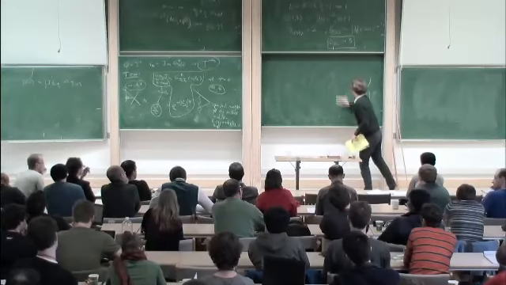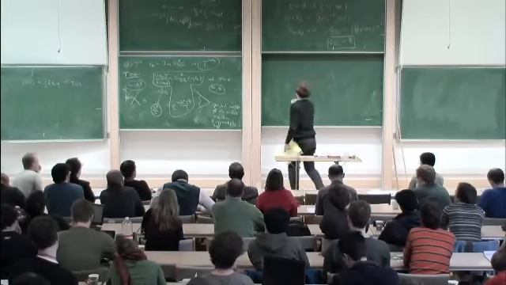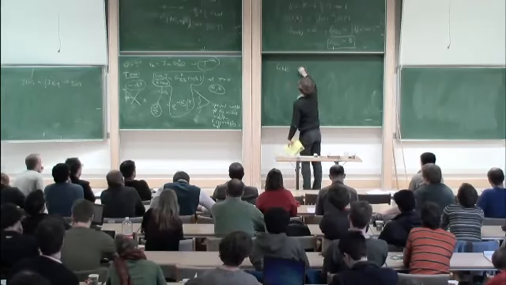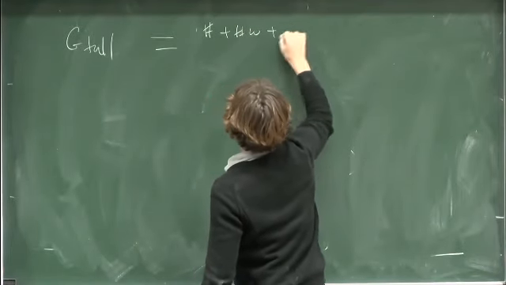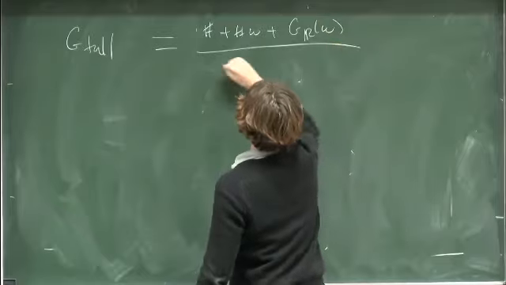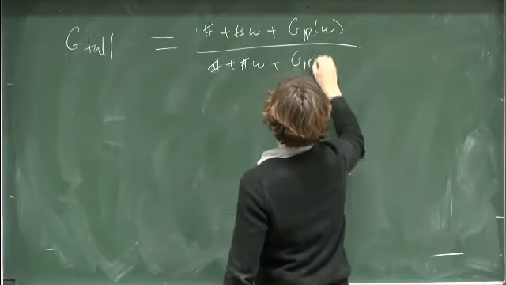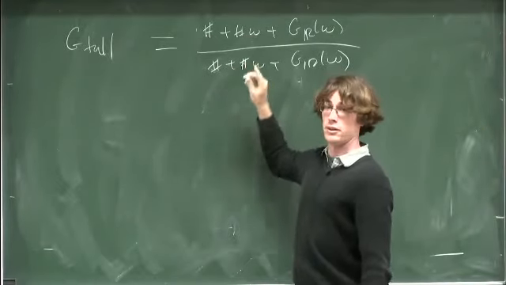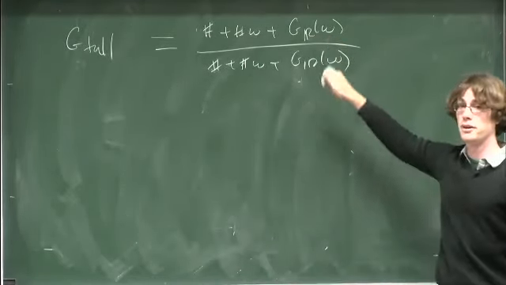Okay, and more generally, there's a matching procedure. In general, it's true that the full Green's function is equal to some expansion in omega plus the IR Green's function divided by something similar. You always get something like this, and these guys are all real. And so the imaginary part ends up being proportional to the imaginary part of the IR guy.